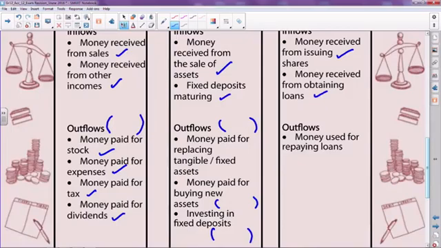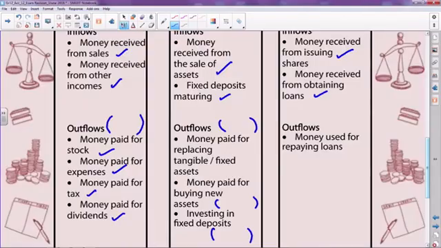With regards to outflows and financing activities, certainly the money that is used to repay your loans, obviously it's an outflow of cash because the loan has become less. And a distinct one that we need to add to this list would be certainly the buyback of your shares.